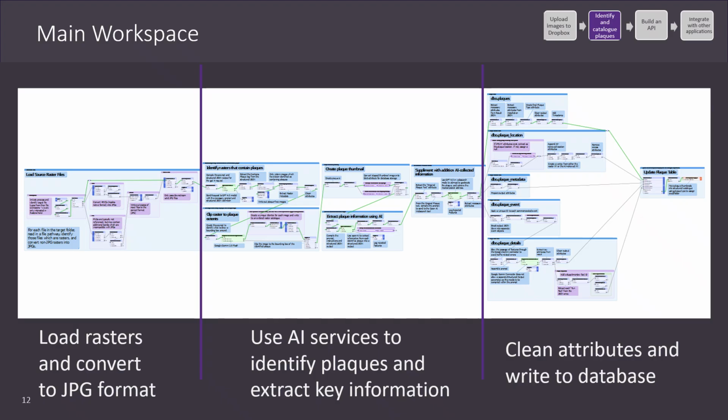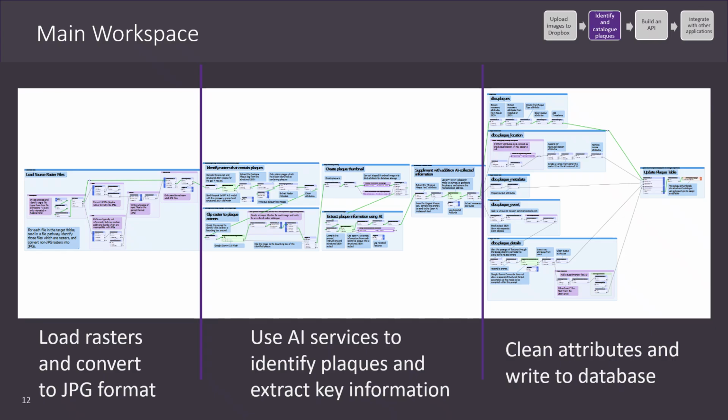Then in the middle, we're using the AI services to extract the plaque information, validate the plaques, and start putting that key information into a schema. And in the end, we're preparing the information into the correct attributes to write out into the SQL database, the spatial database.